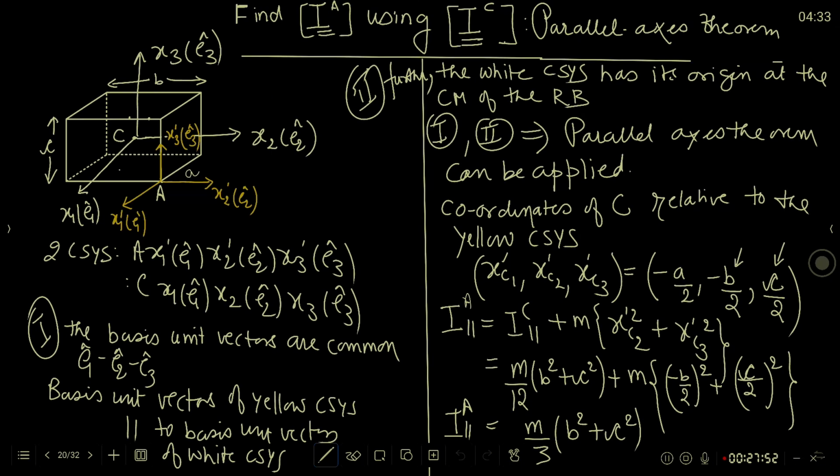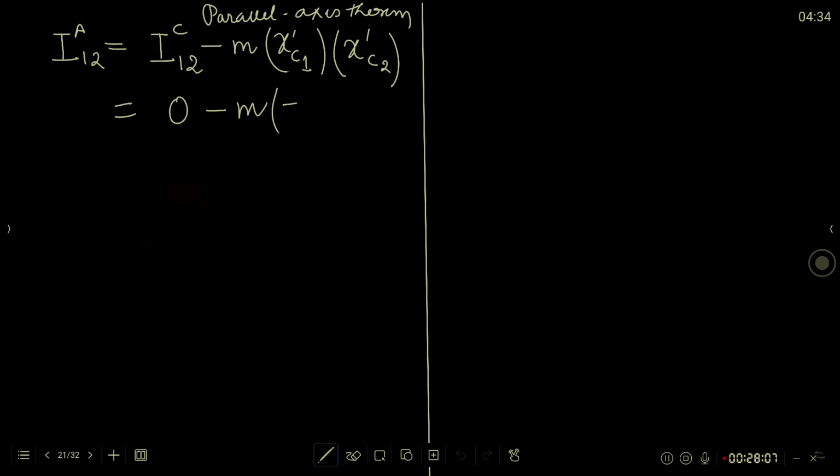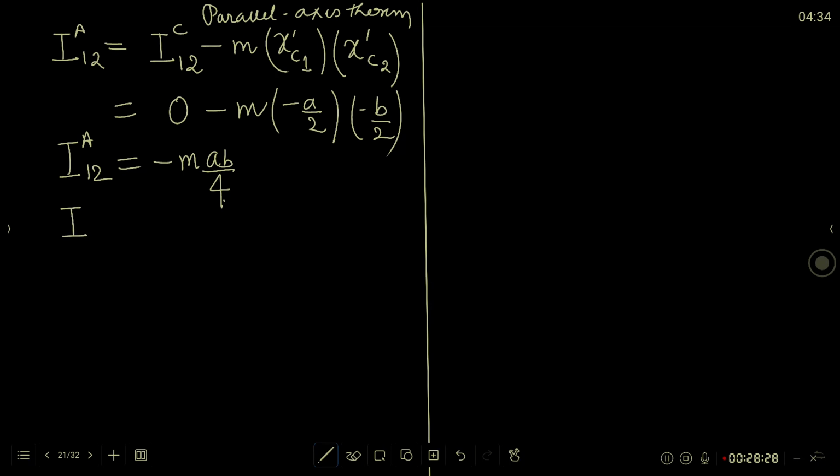I need the 1 and 2 coordinates of the center of mass. It's minus A by 2, minus B by 2. That turns out to be minus M A B by 4. That is IA12. Now I leave this as homework. You find the other components using the parallel axis theorem.